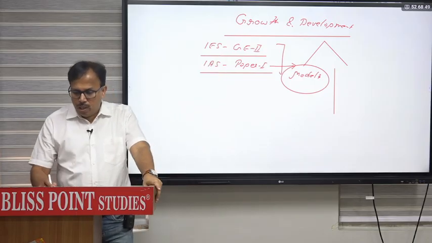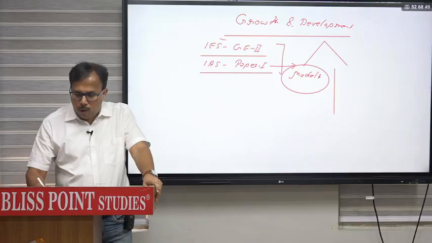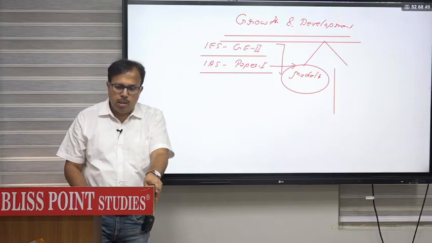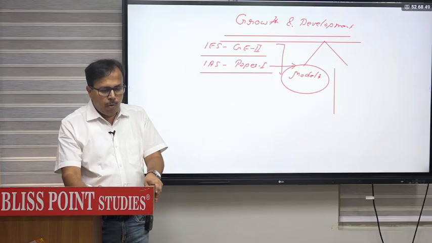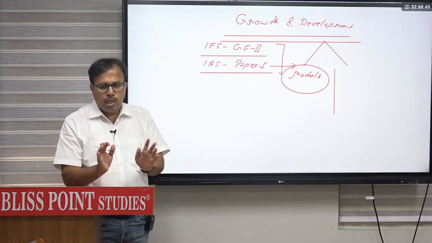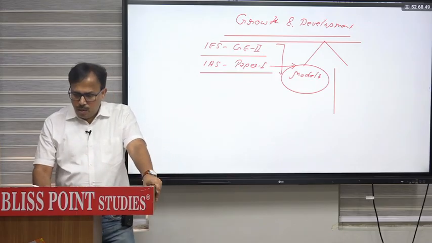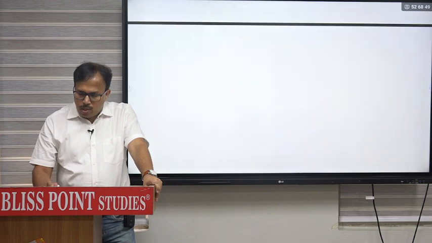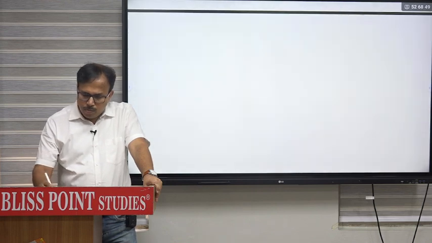So first try to make a list of all the models of growth. So I am just preparing a list of models that we will be covering, because that will help you to organize the syllabus. So just write the different models in growth and development.